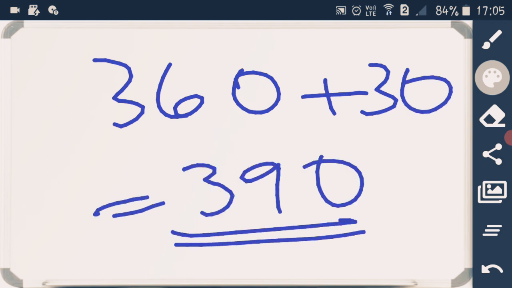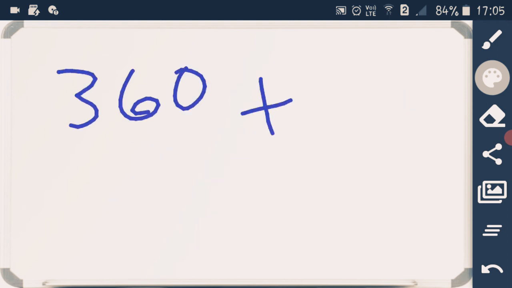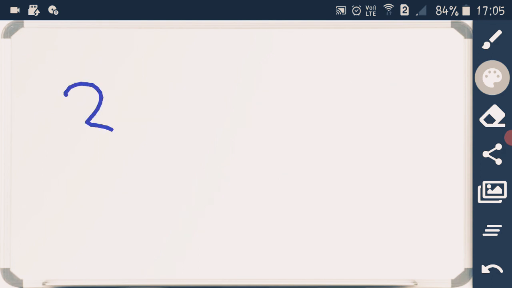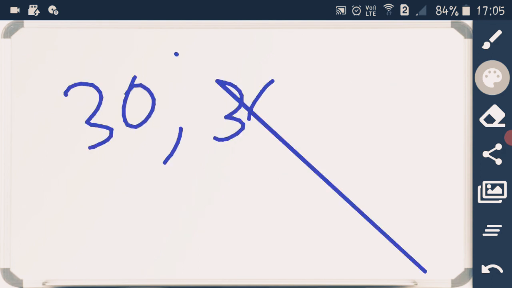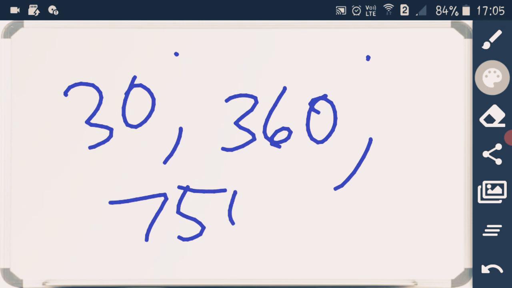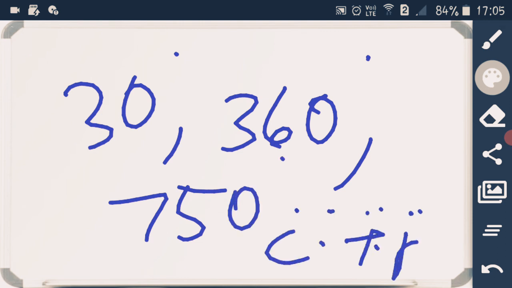Again, if you add 390 and 360, you will get 750. So it means that 30 degrees, 390 degrees, 750 degrees, and so on are coterminal angles.